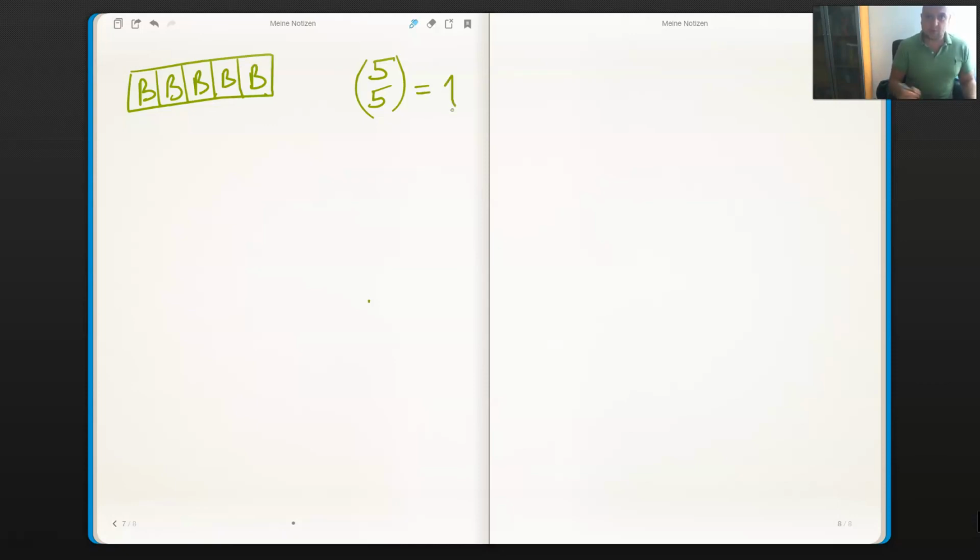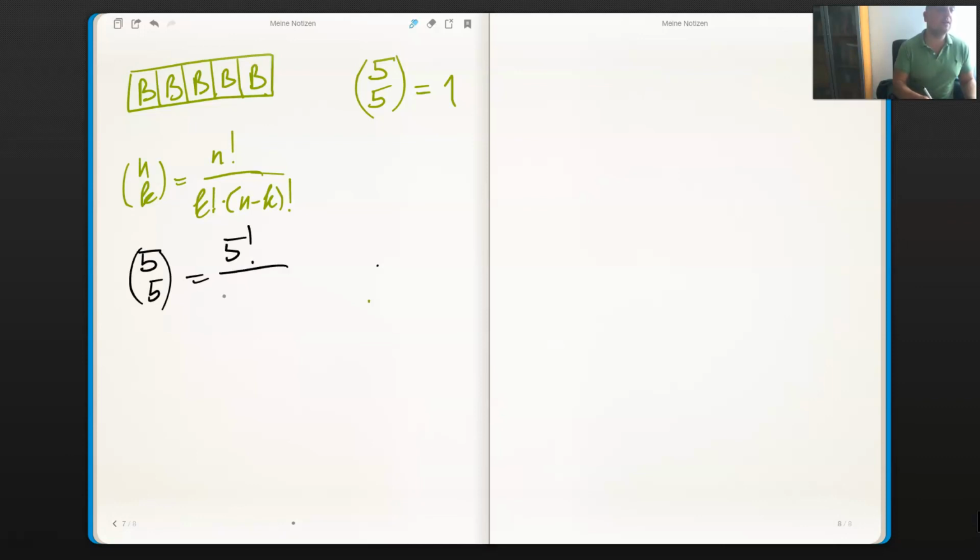Well, but what about our n choose k situation? Well, once again, n choose k, this is n factorial divided over k factorial times n minus k factorial. And it's kind of strange here, because if we rewrite 5 choose 5, we're going to have 5 factorial divided over 5 factorial times 5 minus 5 factorial, which is 1 divided by 0 factorial.